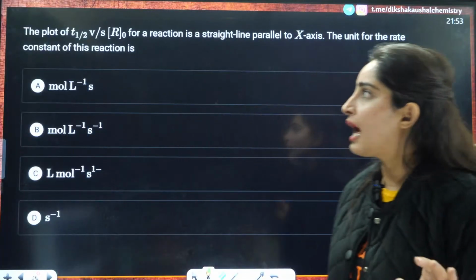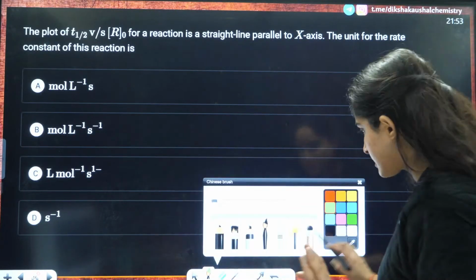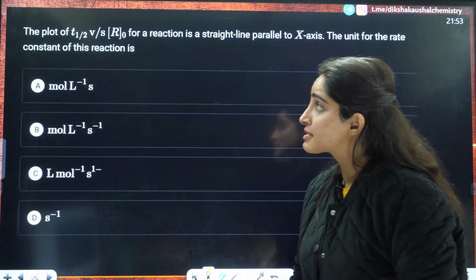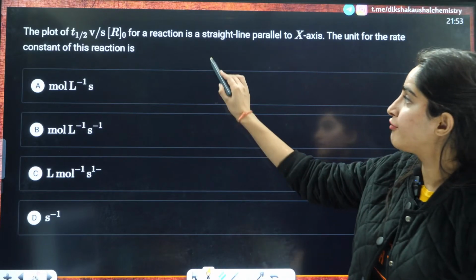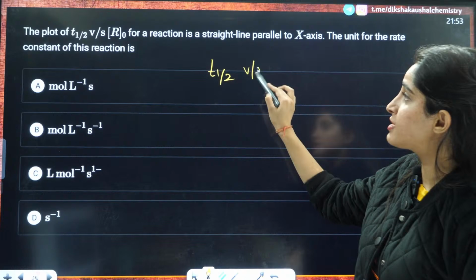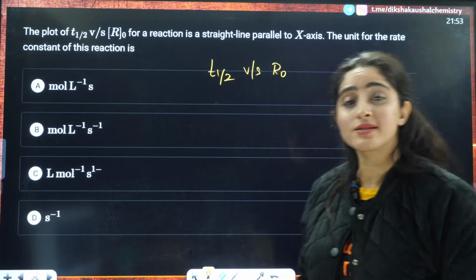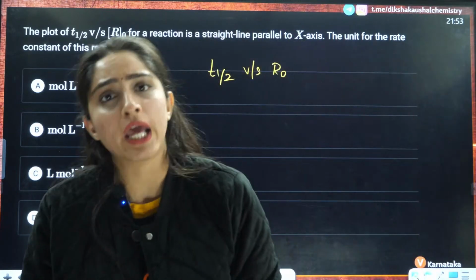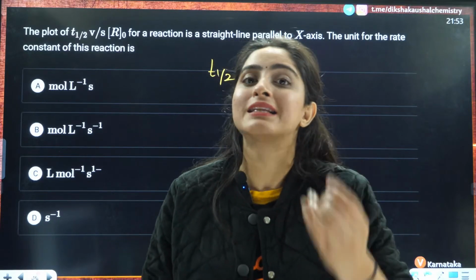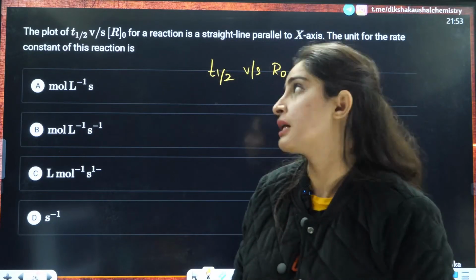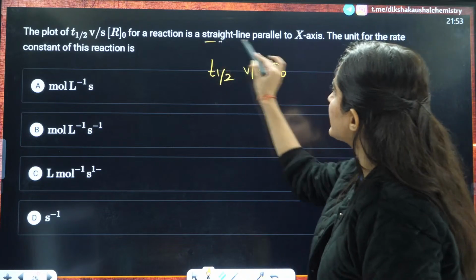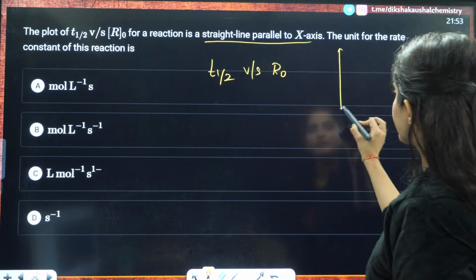Now, last question of today's class, and that is the plot T half versus R naught. What is R naught? Sometimes it is written as A naught, sometimes R naught. That is the initial concentration. They are saying that it is a straight line parallel to the x-axis.